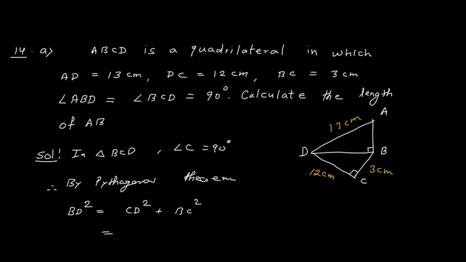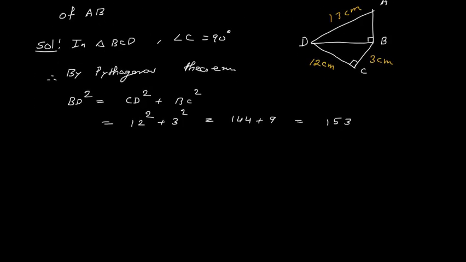So this BD square is 12 square plus 3 square. Now 12 square is 144 and 3 square is 9. So this is 153. So BD square is 153. Therefore, value of BD is square root of 153 centimeter.